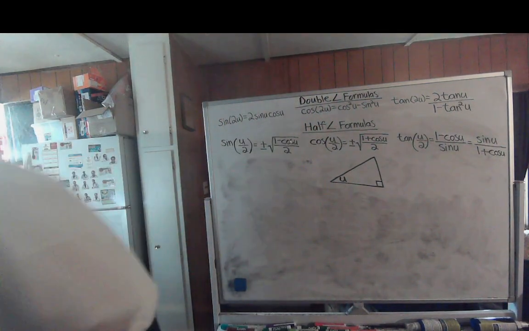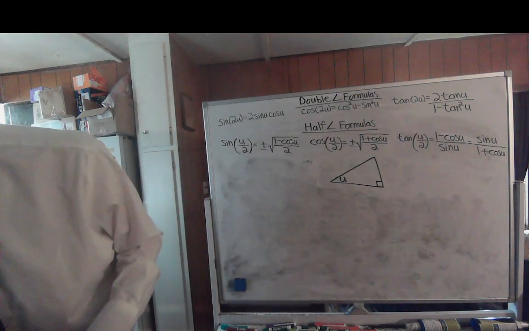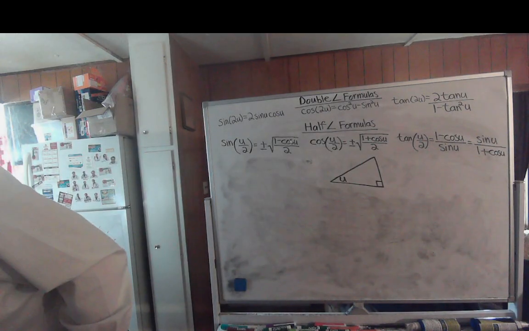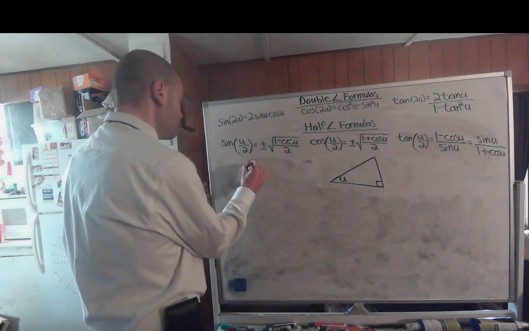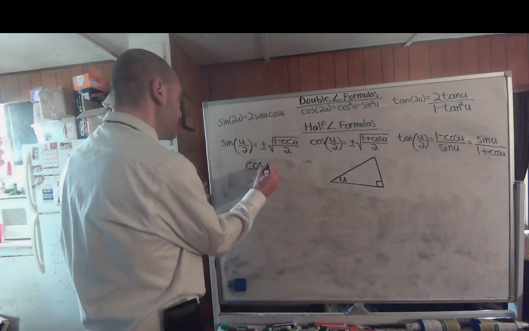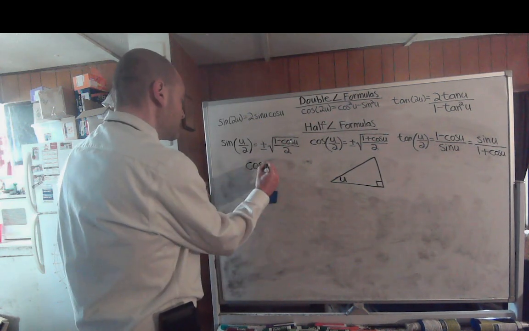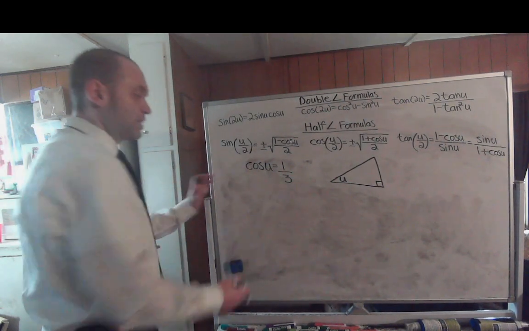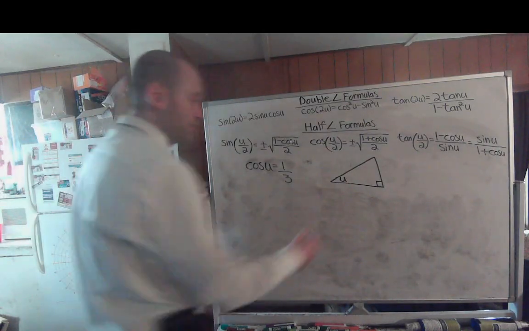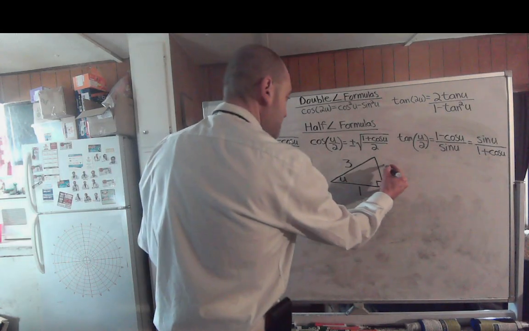Alright, what do we have here? So we have the cosine of x equal x. I don't want to use x. Cosine of u equals 1/3. So we got the cosine of u equals 1/3. So 1/3 for the cosine. Let's find side b.